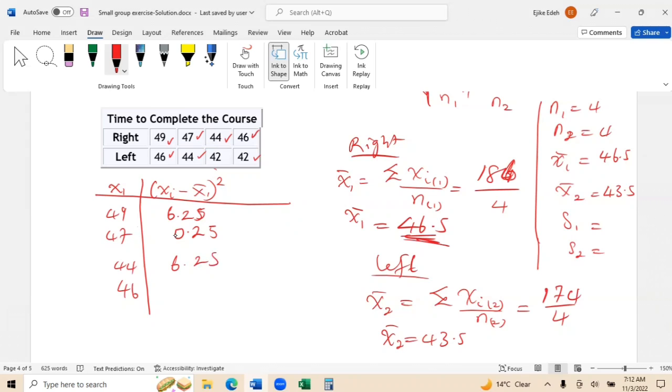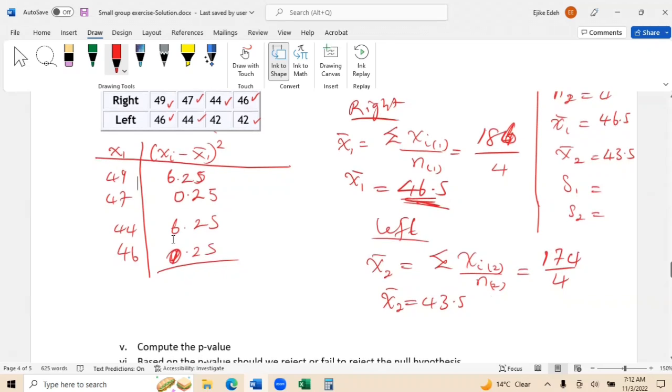Then I do 46 minus 46.5. That gives negative 0.5, raised to the power of 2 gives us positive 0.25. Okay, so when I sum this up, I'm going to get the standard deviation.